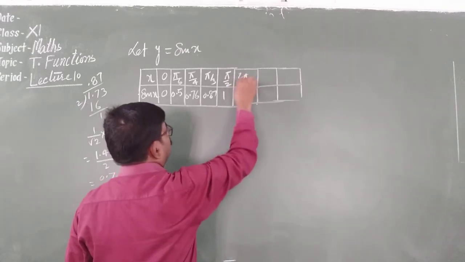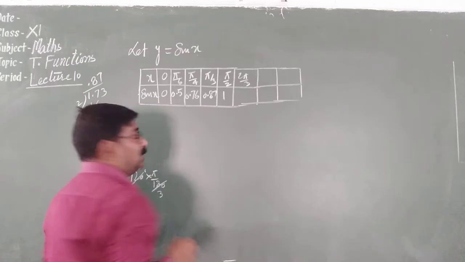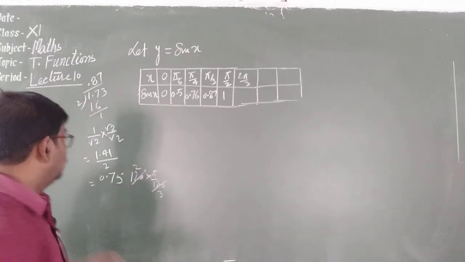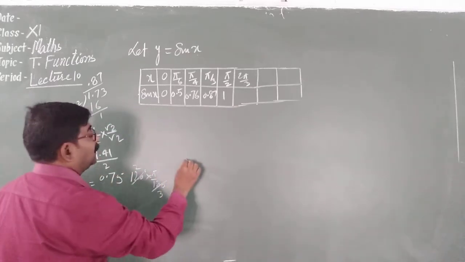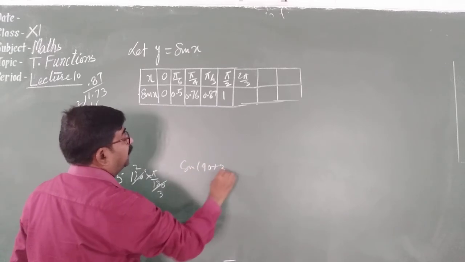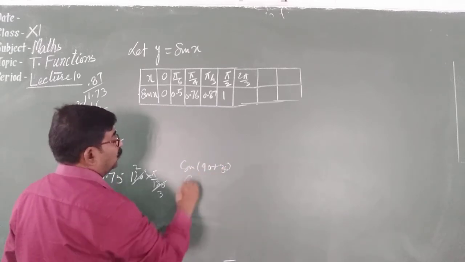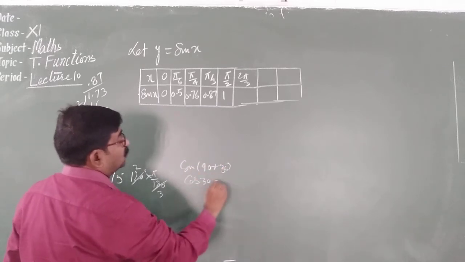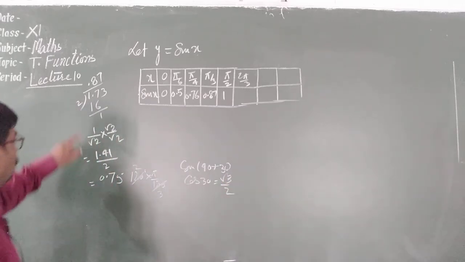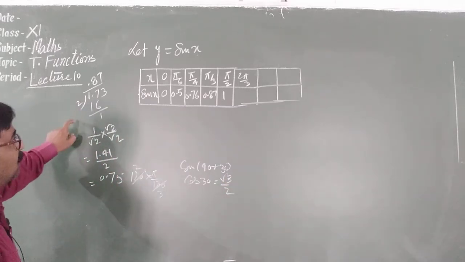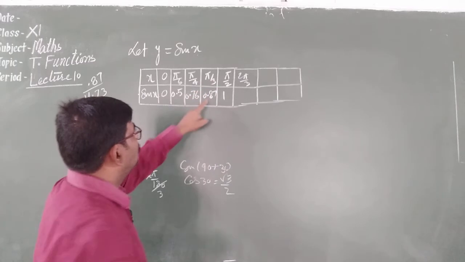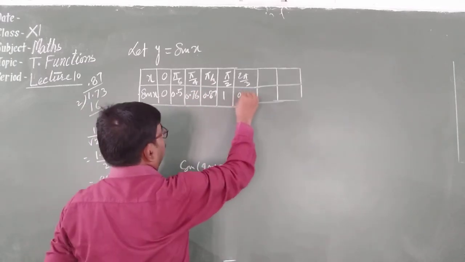Its value: 120 is 90 plus 30. Sine of 90 plus theta is equal to cos theta, so sine (90 plus 30) is cos 30, and its value is root 3 upon 2, which is 0.87.